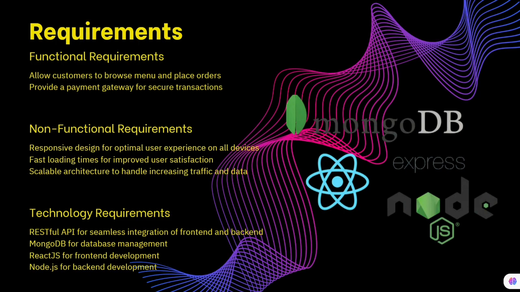Second one is MongoDB. MongoDB is used for storing data, where all the data of the user, like email ID, password, payment gateways, and ordering, are stored in the MongoDB.